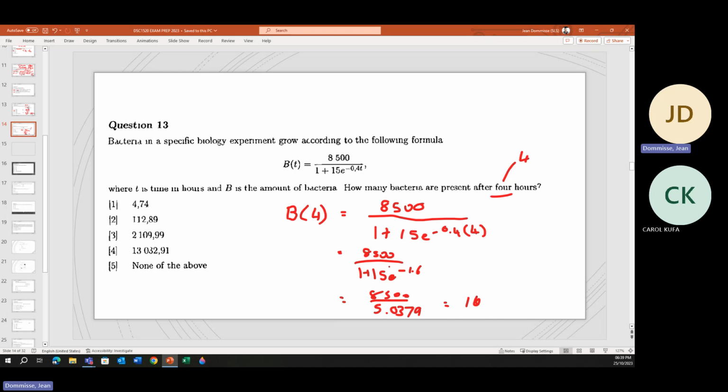Let me just check if I've done this right. 0.4 times 4 is 1.6, and that's negative.